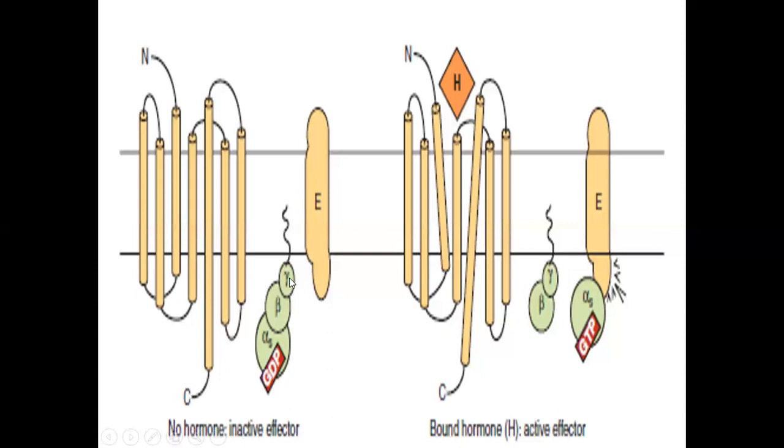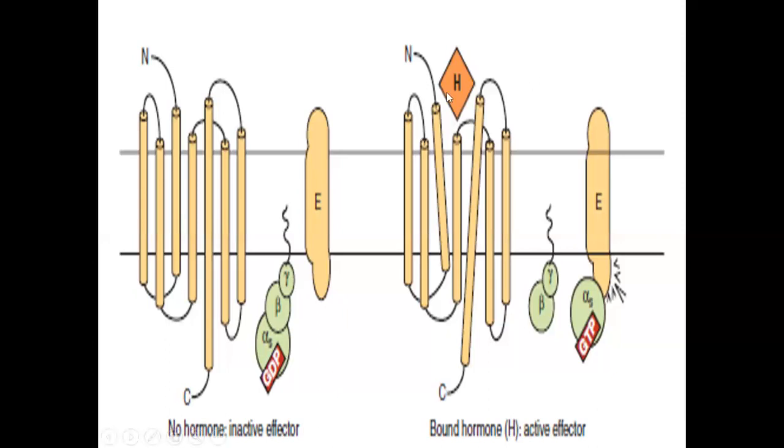The beta gamma subunit is anchored to the plasma membrane through its prenylated groups, and the alpha subunit is anchored to the membrane through its myristoylated groups.